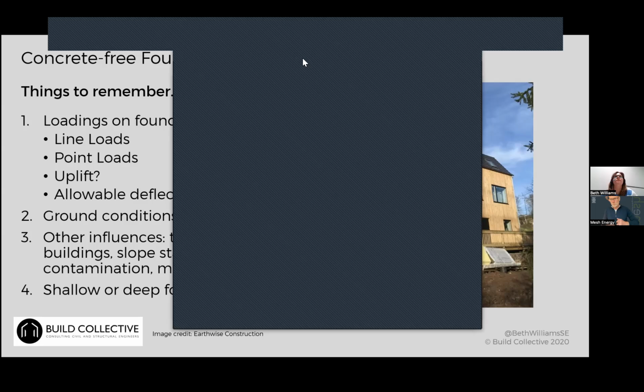From our perspective, on all of our projects, regardless of whether they come in as low energy or low carbon projects, we're trying to give a good option in terms of material usage when we do our designs.